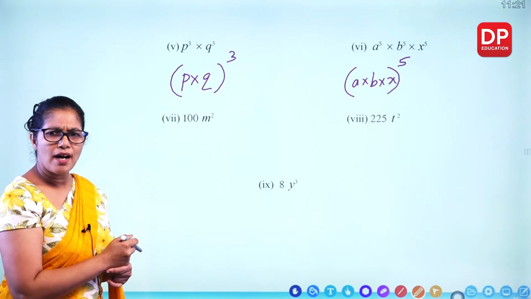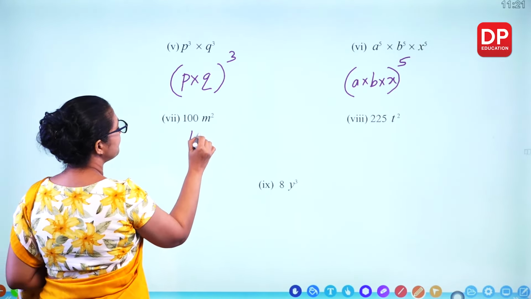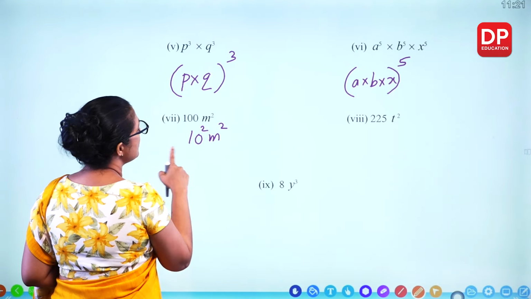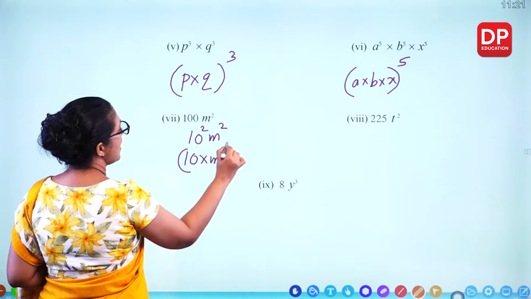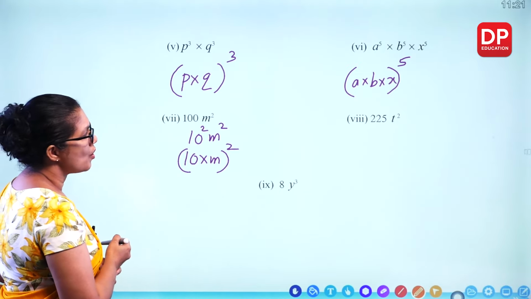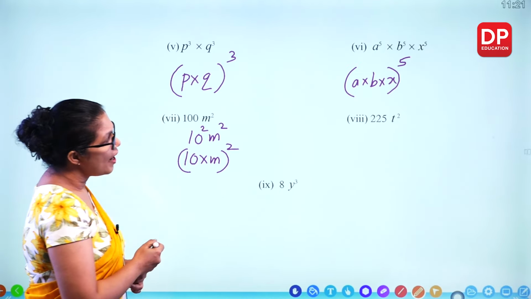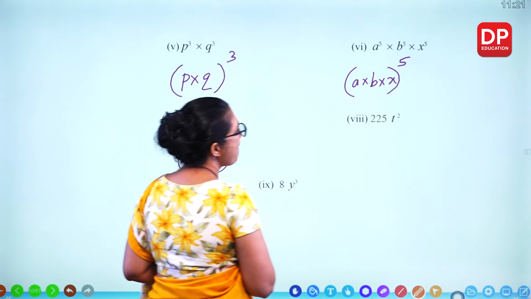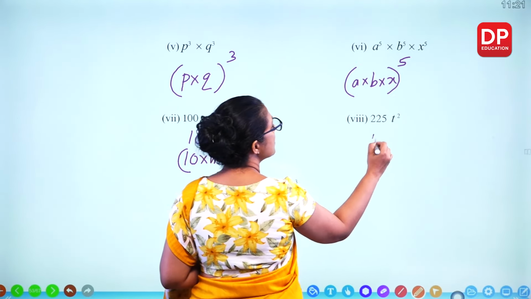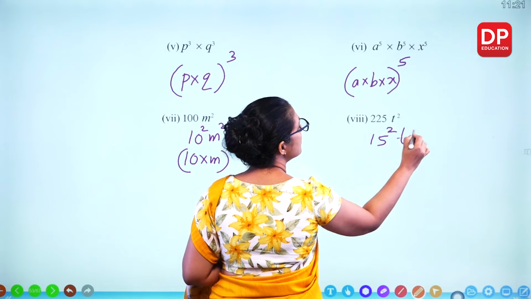100. 100 is what? 10 squared. So this one you can write 10 times m inside and the power 2 outside. 225 is, what's the power? 15 times 15. So 15 squared.